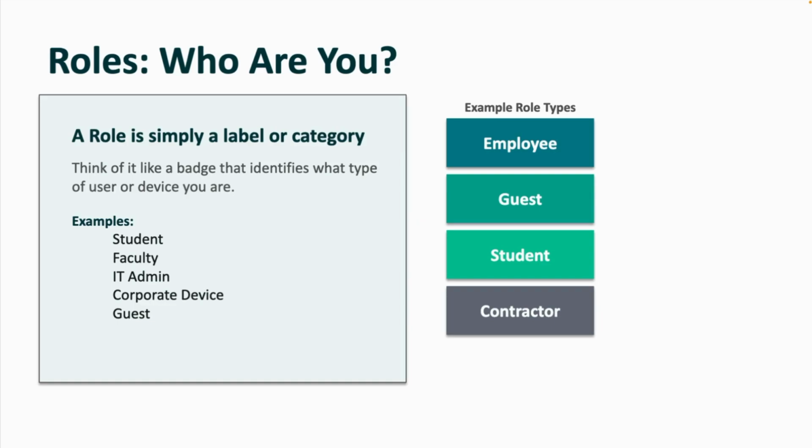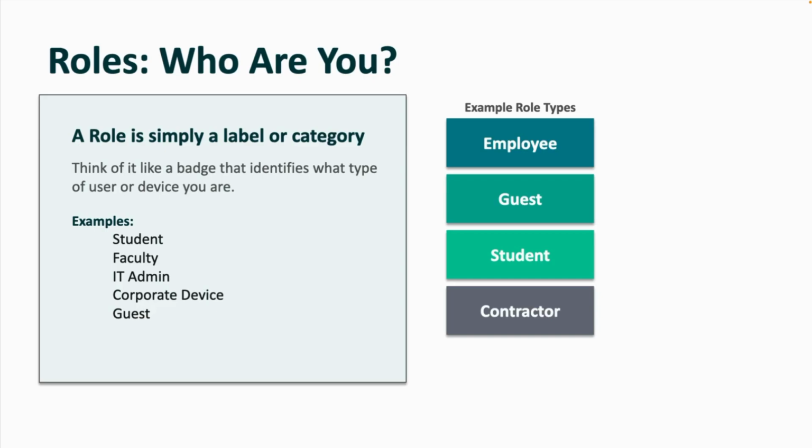The roles. First up, roles. A role is simply a label or a category that identifies what type of user or device you are. Think of it like a badge. In a company, you might have employee badges, guest badges, contractor badges.